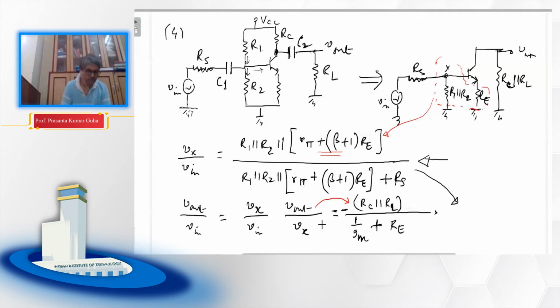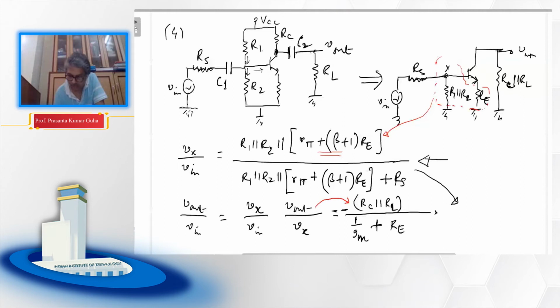Now if you see Neamen's book, instead of this voltage divider, they have found the V Thevenin and R Thevenin. Effectively both are the same. So you can find out V Thevenin and R Thevenin of this portion.